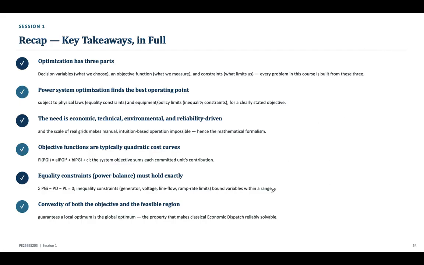So moving ahead, you have optimization in three parts: the decision variable, the objective function, and the constraints, right? We have studied all these three things now. In the decision variable, what we choose; in the objective function, what we measure; in the third, what limits us. Power system optimization finds the best operating point, subject to physical law, equality constraints, and equipment and policy limits, inequality constraints, for a clearly stated objective.